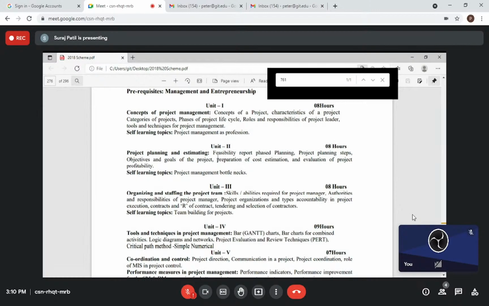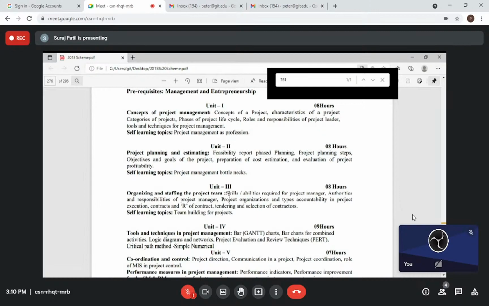Like this, we need to study the feasibility of each and every project when we are defining it. Feasibility with respect to raw material, technology, and cost. All those feasibility studies we are going to study in this second unit.